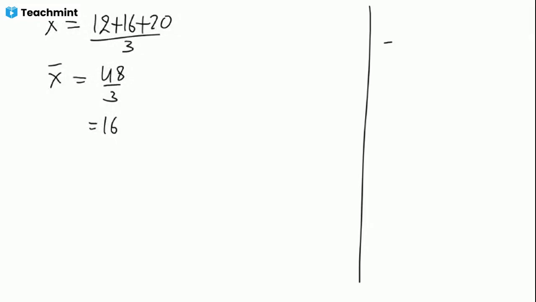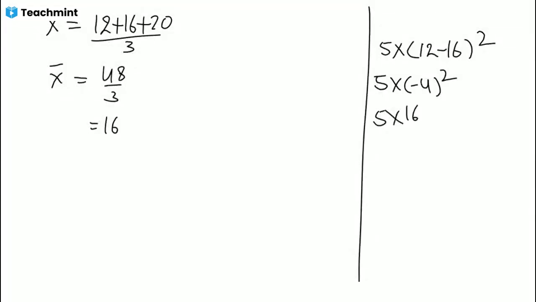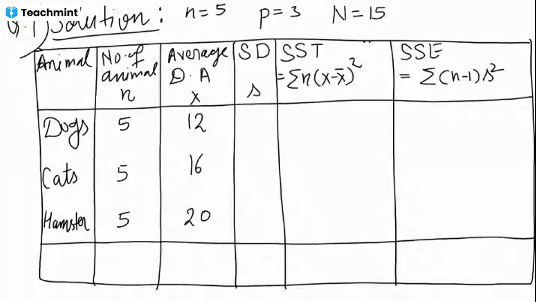So n is 5 into x is 12 minus 16 and whole square. So 5 into minus 4 square, and 5 into 16, we have 80. Got it? So here we have 80.